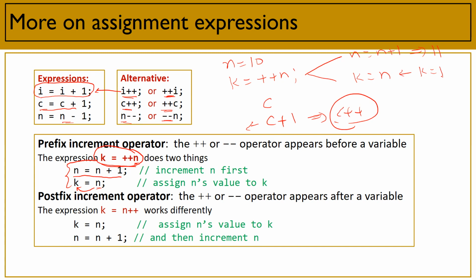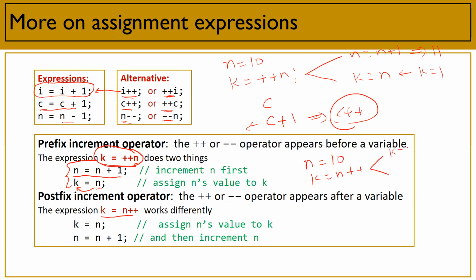Then if I have the expression k = n++, this is called the postfix increment operator, which you are using for assignment. Let's say n is equal to 10 and you have k = n++. In this scenario, the statement will be broken down into two parts.